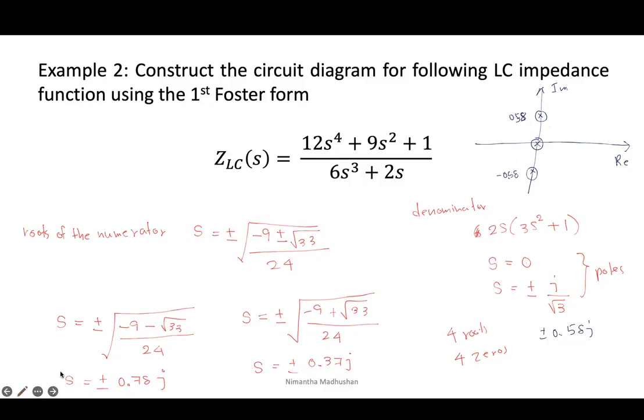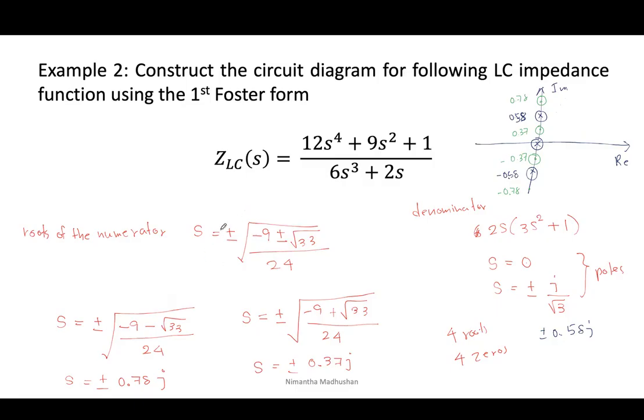And there are four zeros at plus or minus 0.37 j and plus or minus 0.78 j. These are the representation of poles and zeros in the complex S plane.